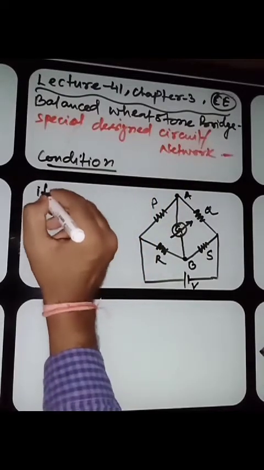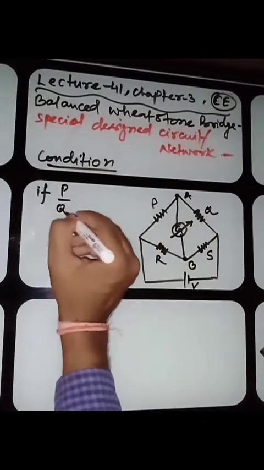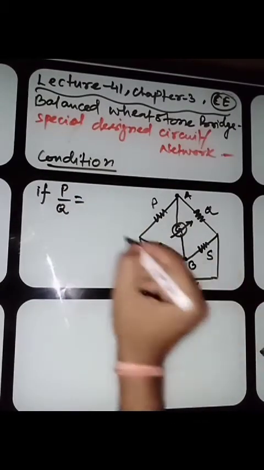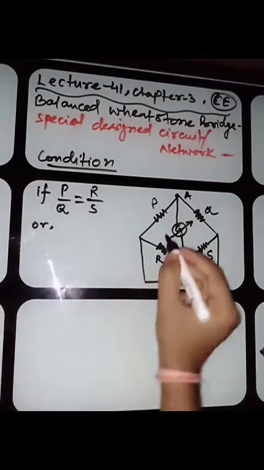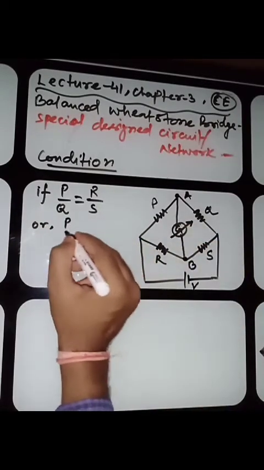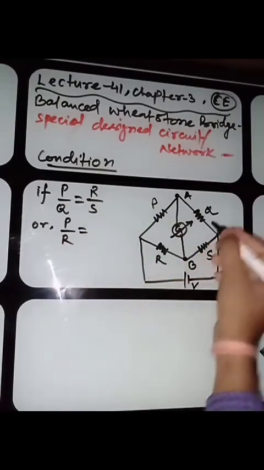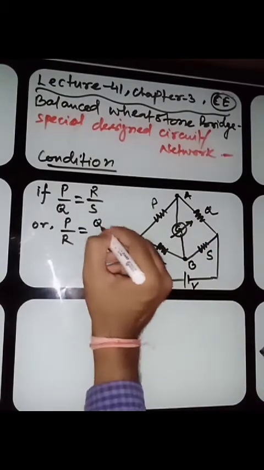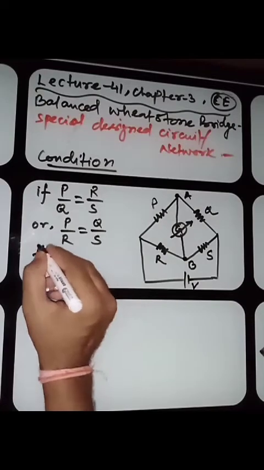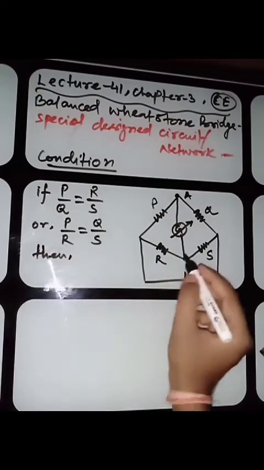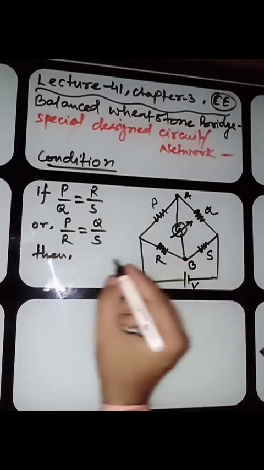So the condition: if P by Q is equal to R by S, or P by R is equal to Q by S, then, remember, there will be no current flow through the galvanometer.